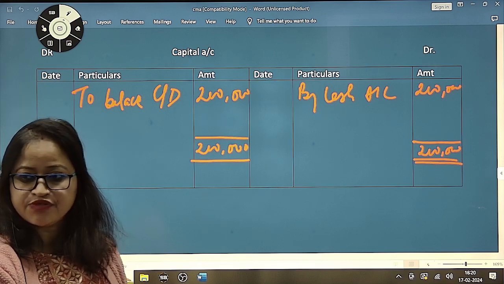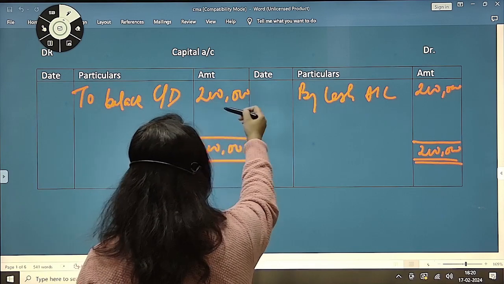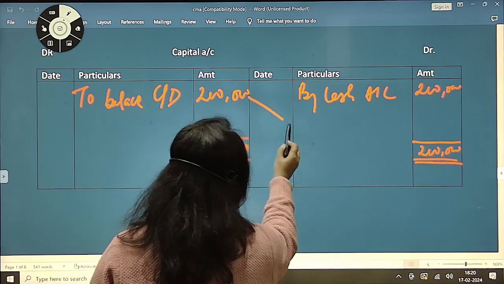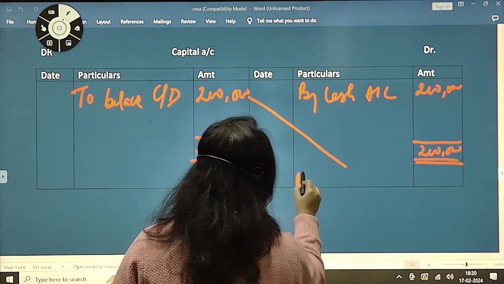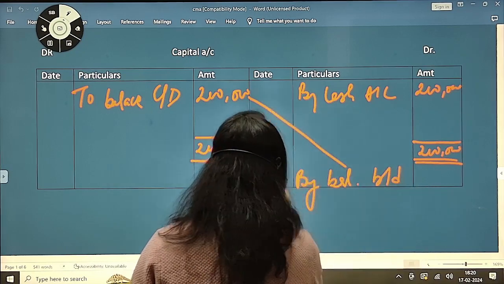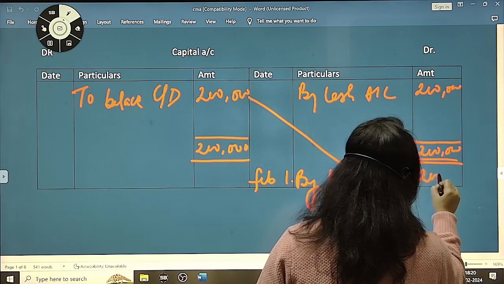Yes, balance CD we have to write, and then here we close. Then the next month it will be like this. This balance CD will come here. We will write by balance BD next month. So this is your next month, February 1. We are writing 2 lakhs.